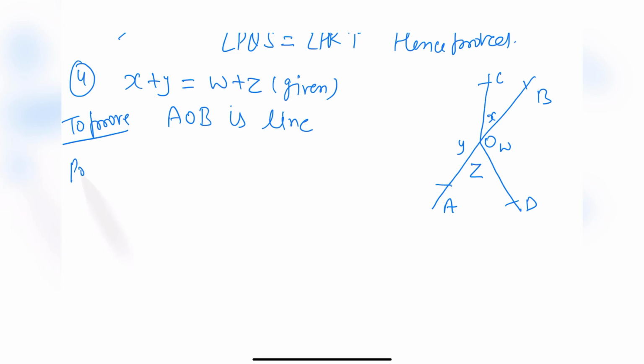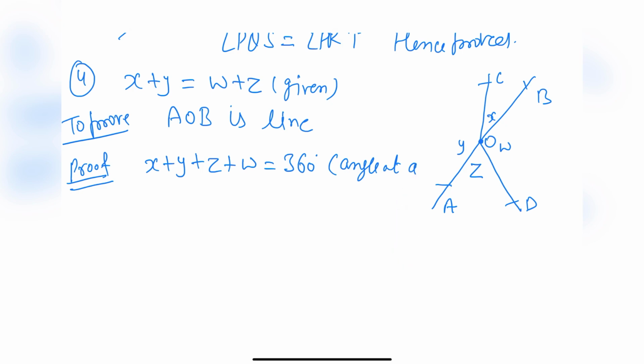So proof here: as a line is not given, we can't take a linear pair. So what can we take? We can take angle at a point. Here we have a point O, and that's why X plus Y plus Z plus W is equal to 360 degrees due to angle at a point.